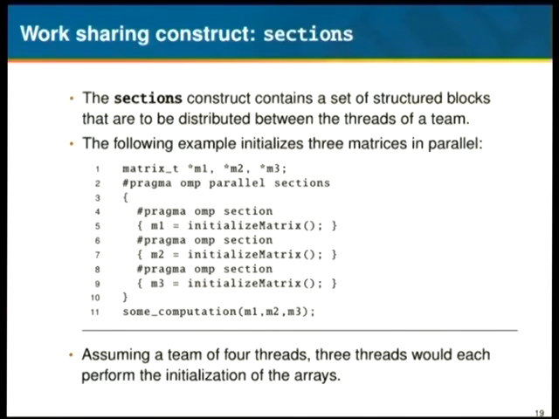So, if you have 4 threads, that means that 1 thread is still idling in this code, and the other 3 threads in parallel will initialize my matrices. And after the sections is done, I still have 1 thread that will do some computation with the entry of the matrix.